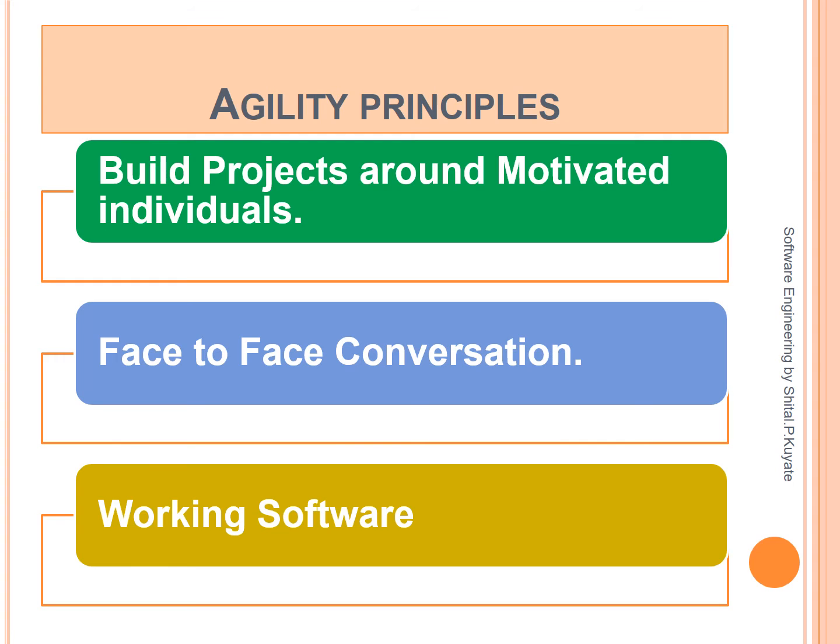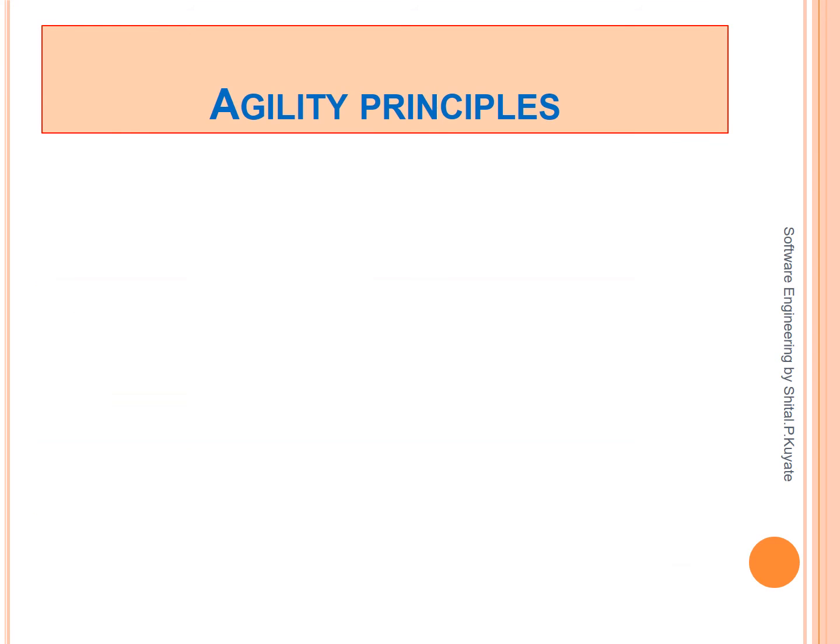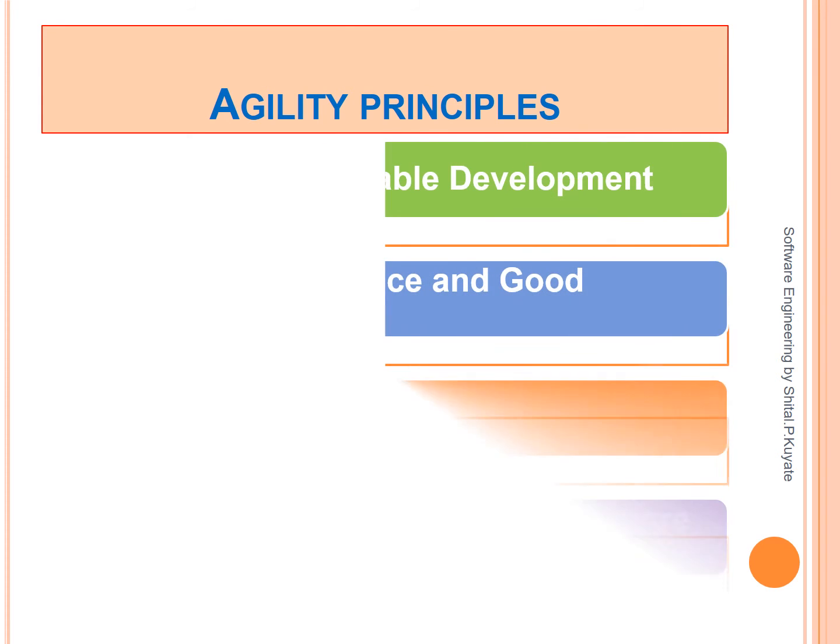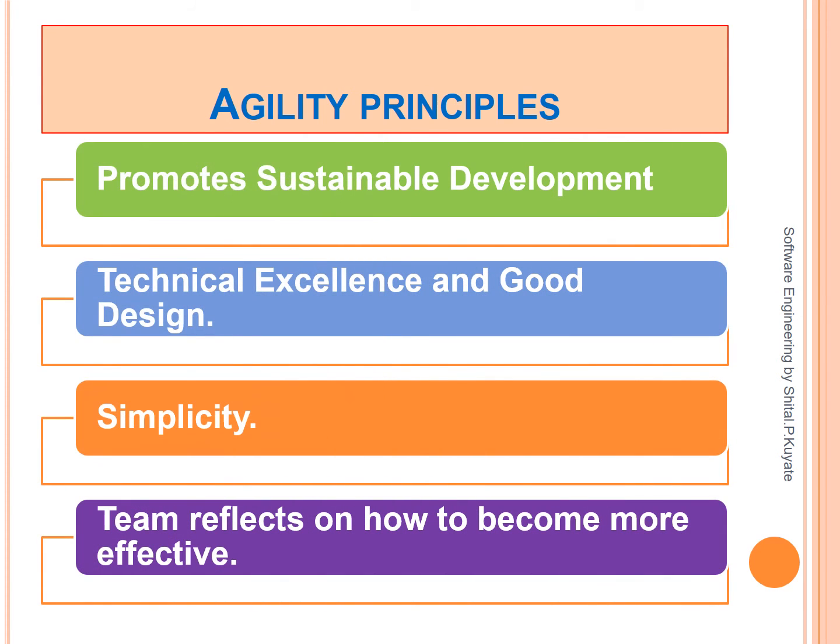The next one, the seventh principle, is that working software is the primary measure of progress. After that, the eighth principle: Agile process promotes sustainable development. The sponsors, developers and users should be able to maintain a constant pace indefinitely.